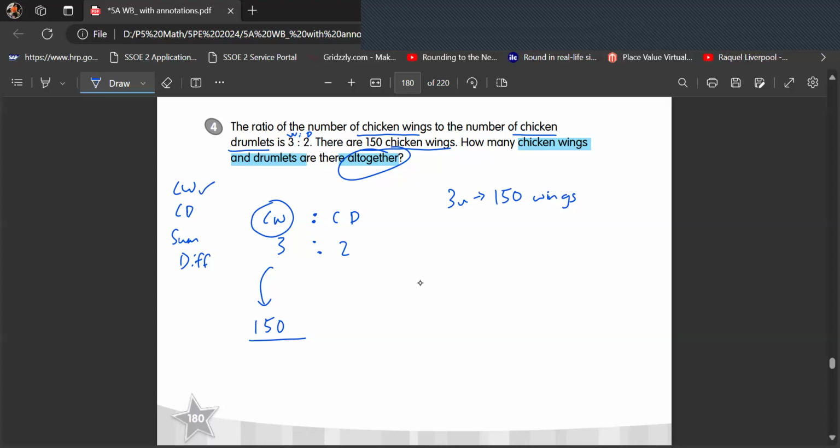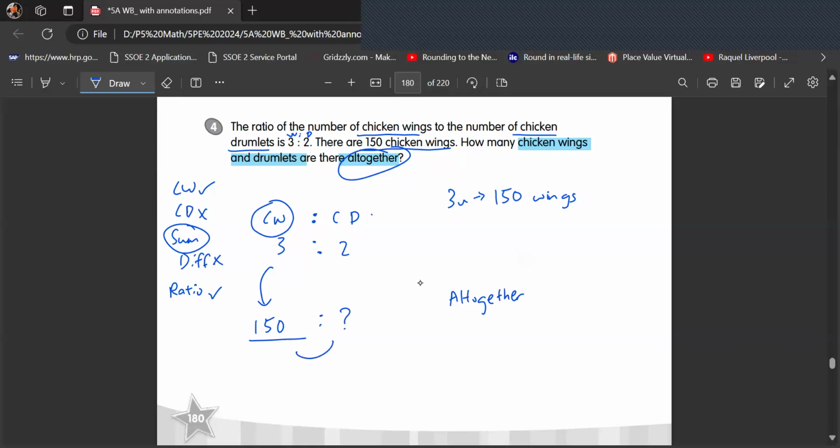Is it asking for drumlet? No, it's not asking for drumlet. It's asking for total altogether. Is it asking about how they are different? Also no. So no need for the difference, and it's not asking for drumlet, though you could find it in a step and then add together.